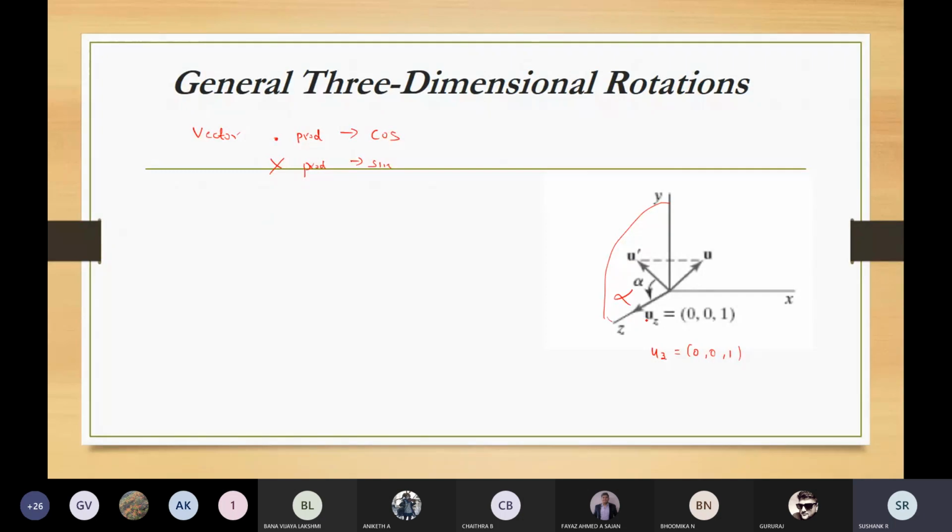And the vector is given by 0 0 1. So now in this case we can find cos alpha as u dash dot uz, as we are rotating about u dash, divided by the modulus of its components.